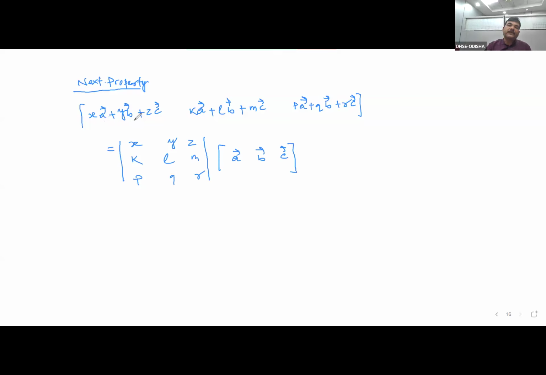Box product of XA bar plus YB bar plus ZC bar, KA bar plus LB bar plus MC bar, PA bar plus QB bar plus RC bar is equal to XYZ, KLM, PQR, ABC.